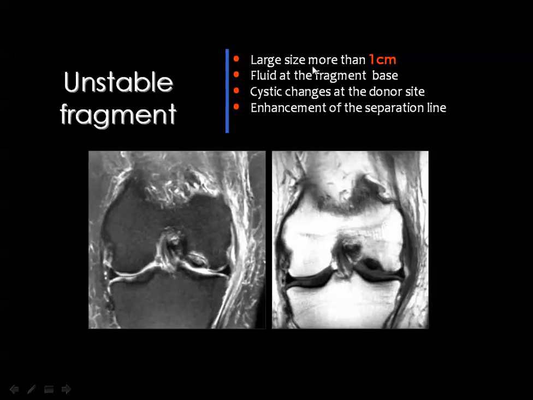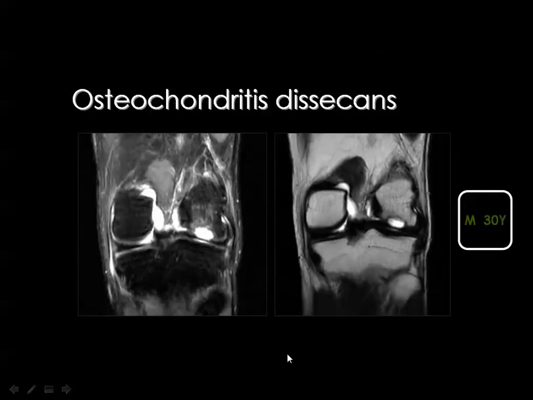Number 1, if the fragment is larger than 1 centimeter. Number 2, if there is fluid at the fragment base. Number 3, cystic changes in the donor site. Number 4, if you inject contrast, you may get enhancement of the separation line.